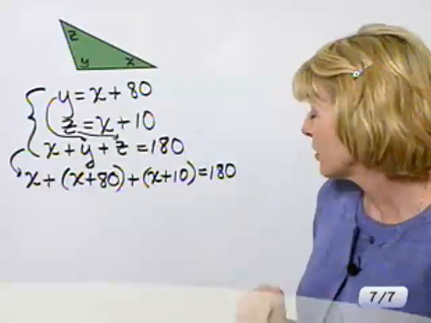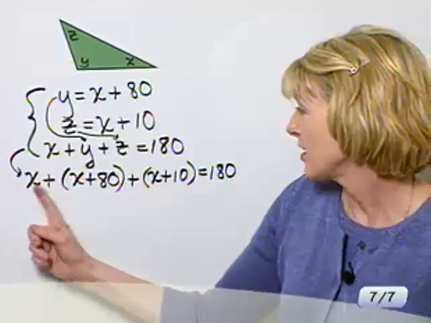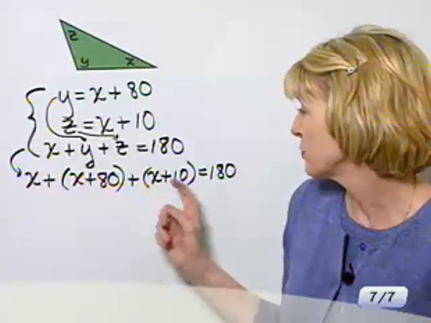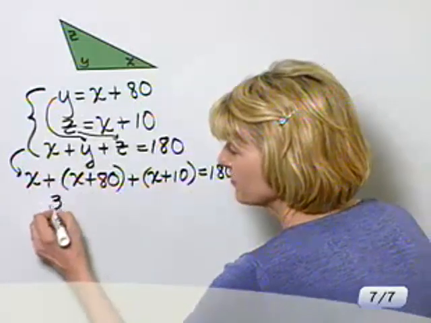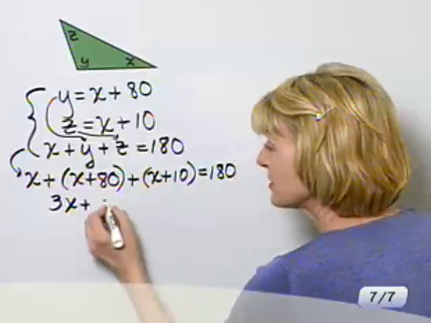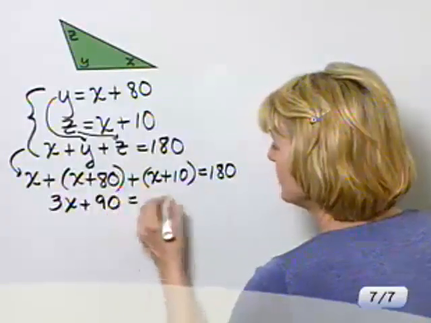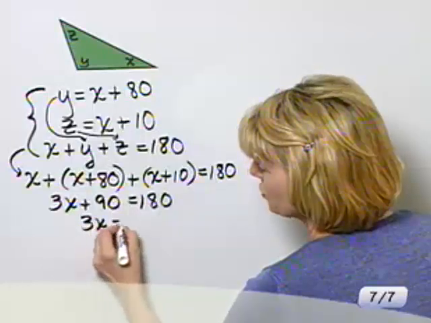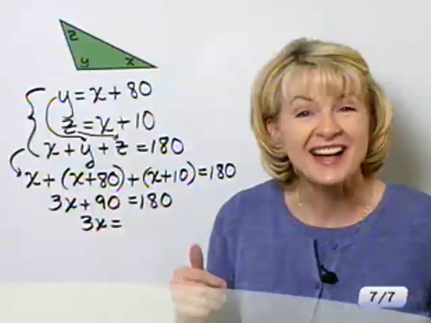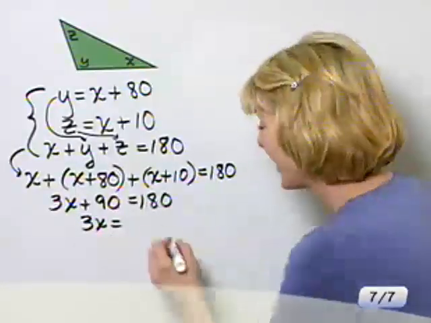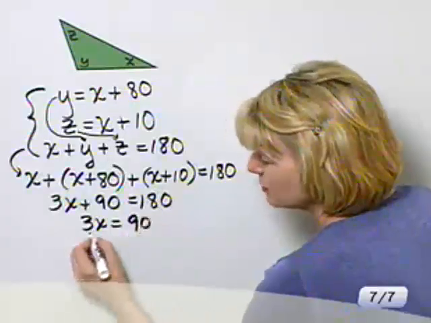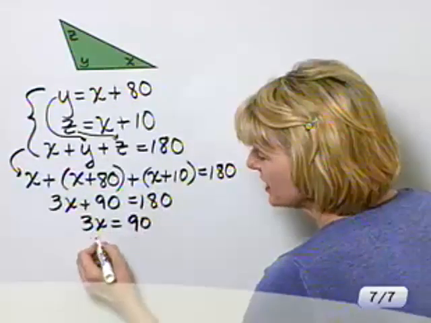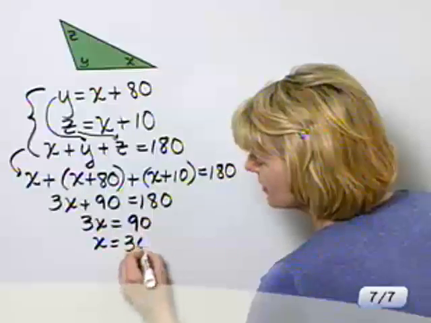Now, let's go ahead and solve this equation. I have 1X plus 1X plus 1X, that's 3X, plus 80 plus 10, that's 90, is equal to 180, and that is then 3X is 180 minus 90, which is 90. Divide both sides by 3, and I have X is 30.